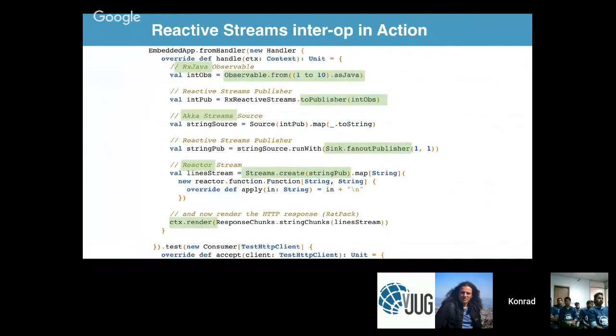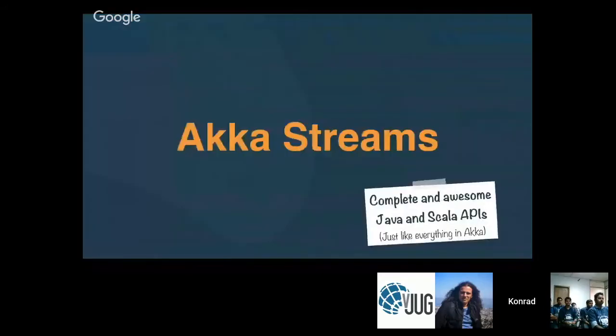So I talked about this protocol, and now you can see whenever you have a publisher or a source, or whatever other name people have for it, like Flux or something else, all these can interoperate safely because they all know this protocol. And here you see all of the various implementations. There's Reactor. For Reactor, I think I have the old name. But for Akka Streams, it has been and always will remain Source. In RxJava, it will be Flowable now, etc., etc.